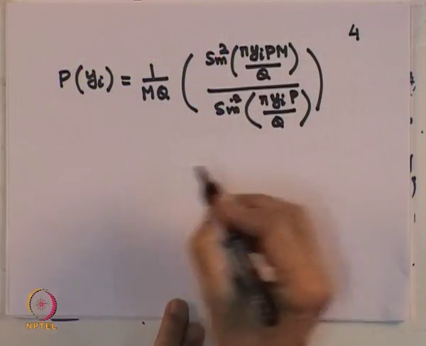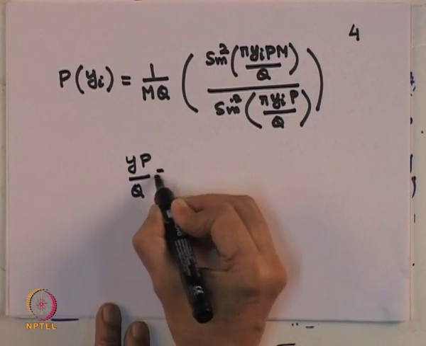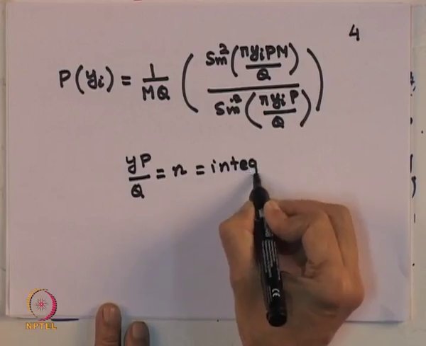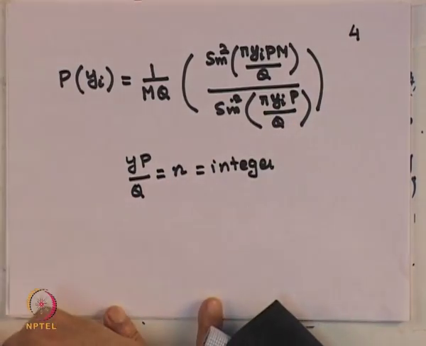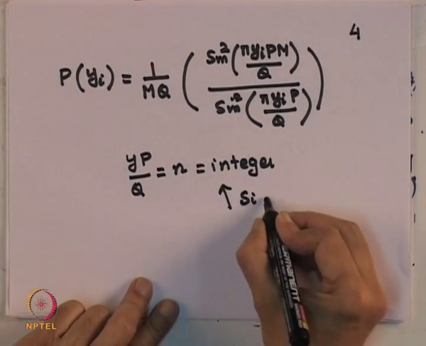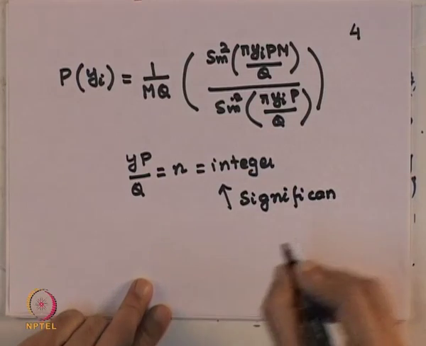So the significant probability out of those 4096 states that we had will appear when this y p by q is an integer, because then the denominator will blow up. So this will give me significant probability of projecting a particular y.